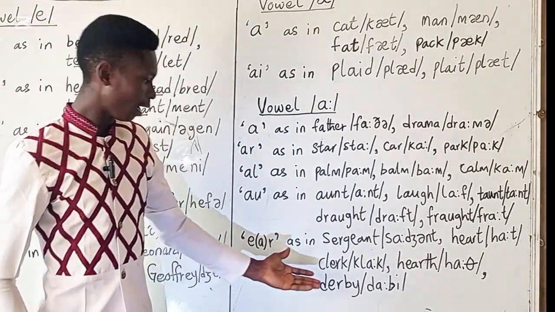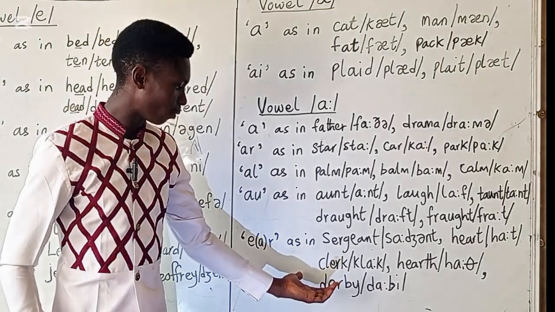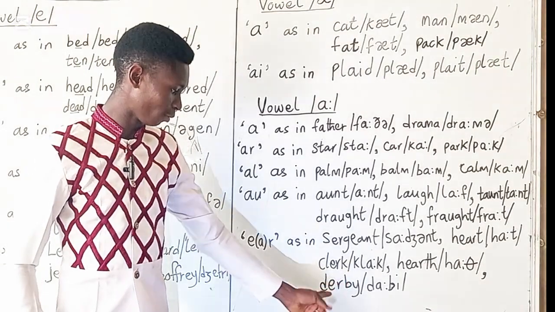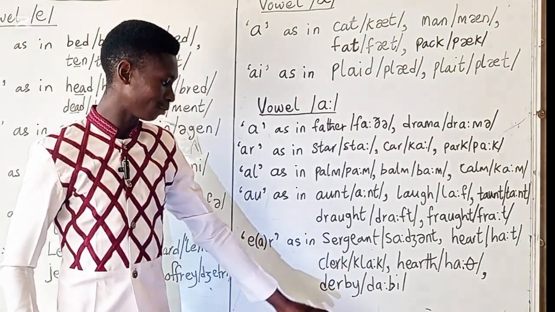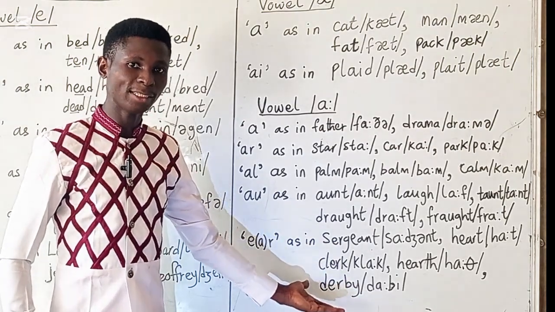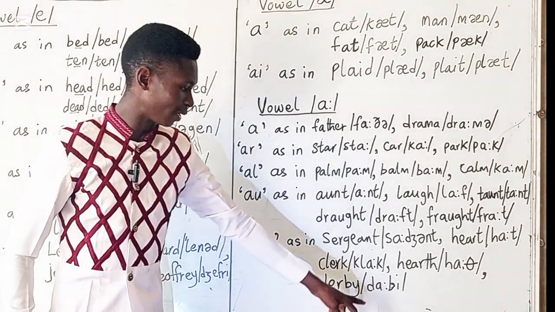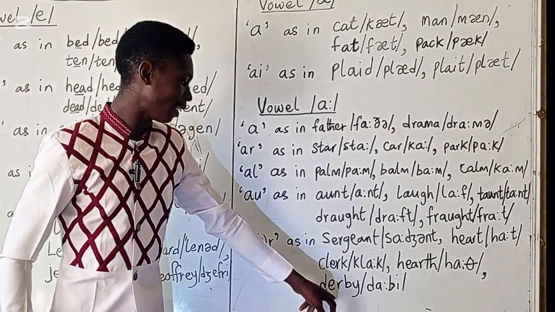All right. Then we have the last word here, which is derby, notwithstanding DER. Some people will call this derby. It is wrong. It is not derby, but derby because of the R sound in place of ER.